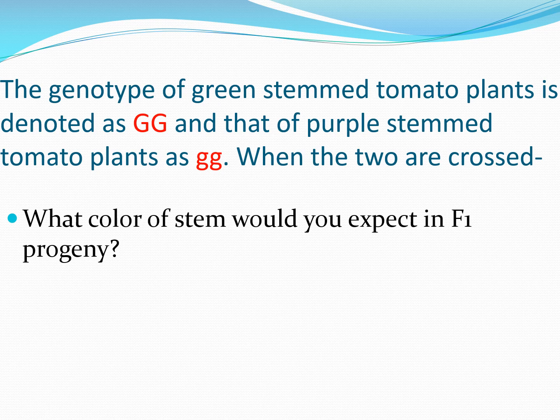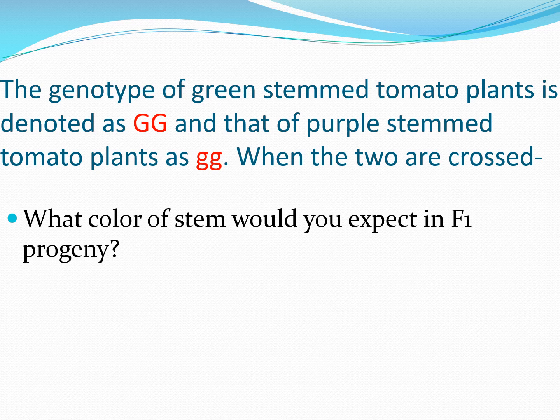So this is a monohybrid cross where we considered the tomato plant stem color. So when green stemmed tomato plant is crossed with purple stemmed tomato plant, the parents here are capital G crossed with small g. So gametes, both alleles are similar, so consider only one capital G. Both the alleles are similar, so consider only one small g.